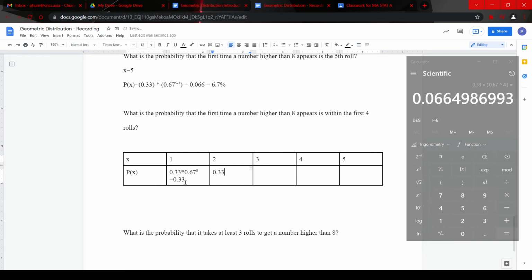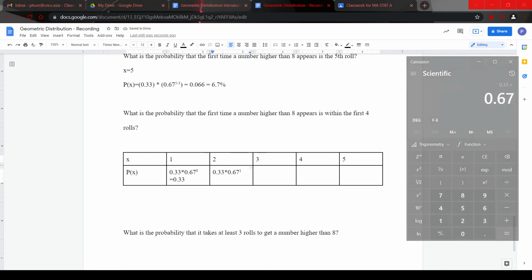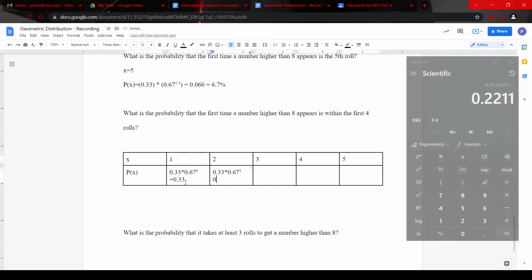Next one, 0.33 times 0.67 to the power of 2 minus 1, which is just 1, which gives me 0.33 times 0.67, 0.2211.